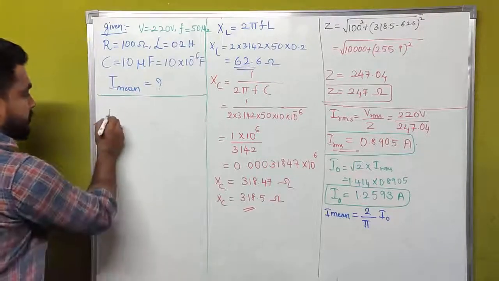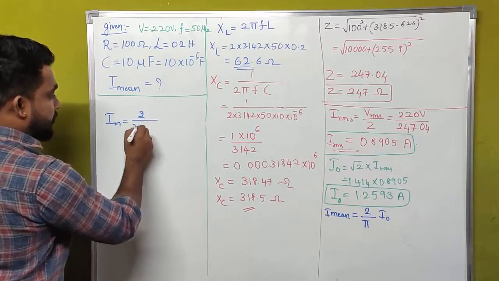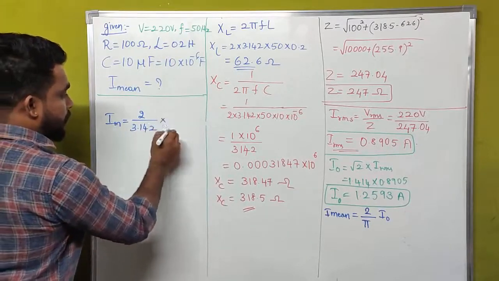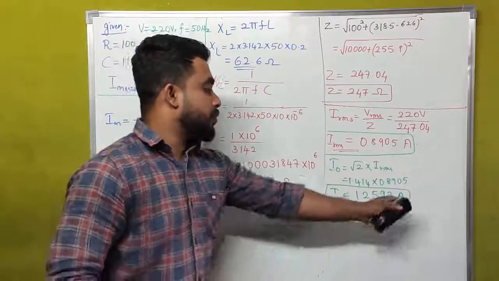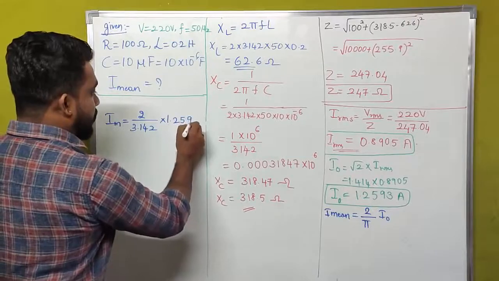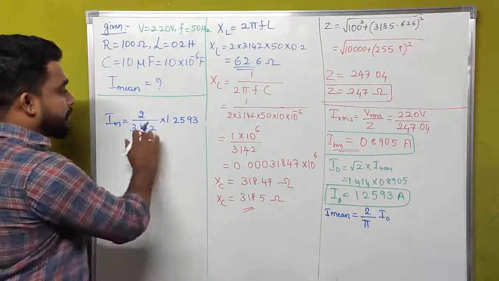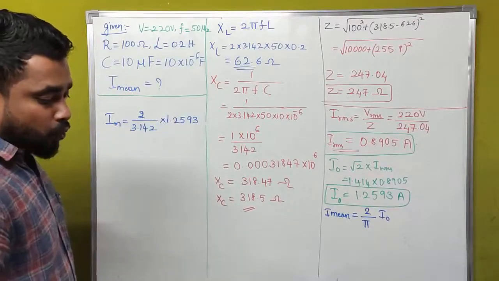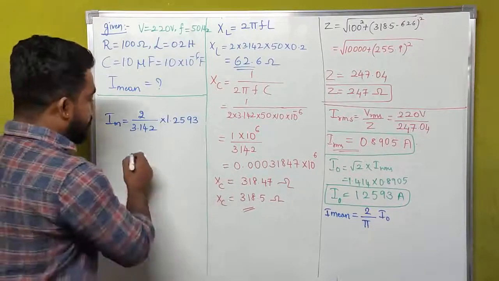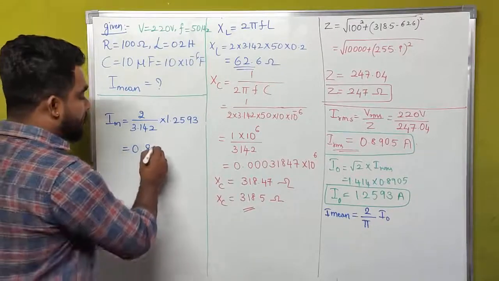That is I mean is equal to 2 divided by 3.142 into the value of I naught, which is 1.2593. If we multiply and divide all these terms, what we will get is 0.8015.